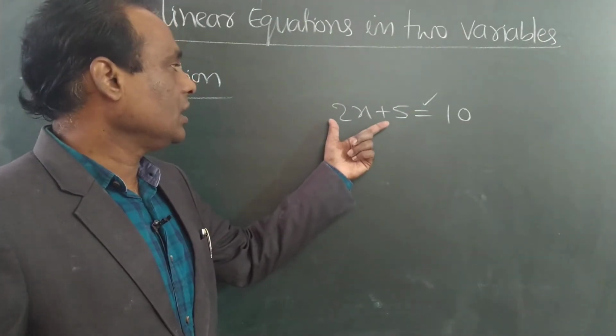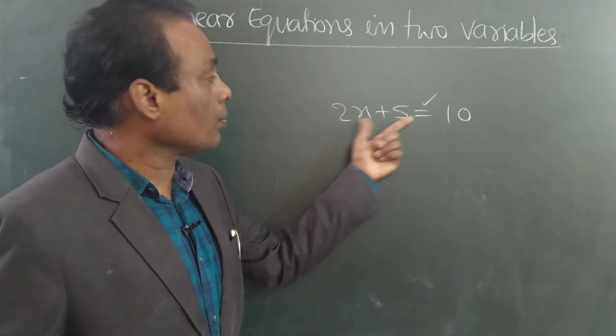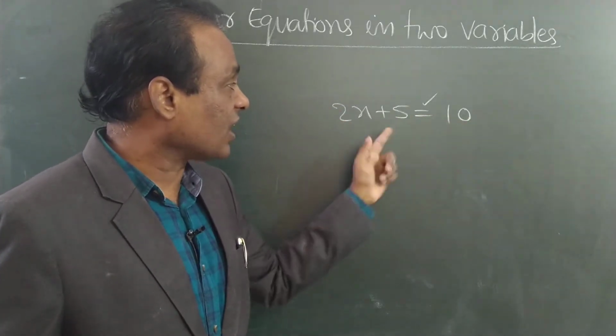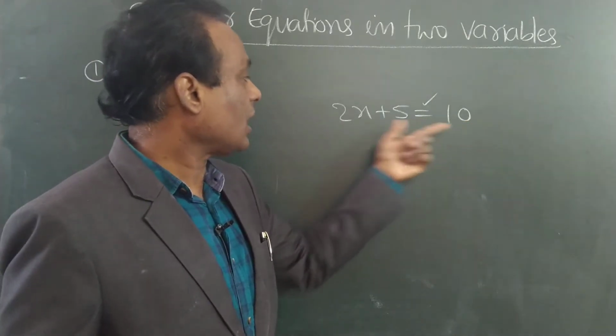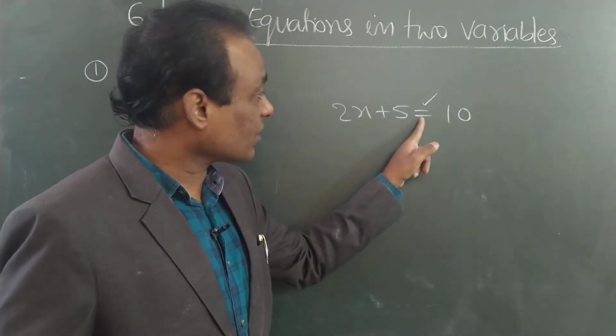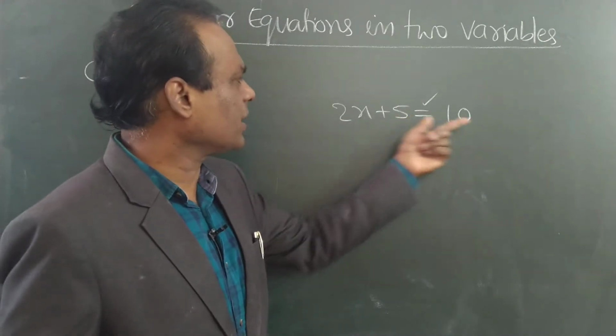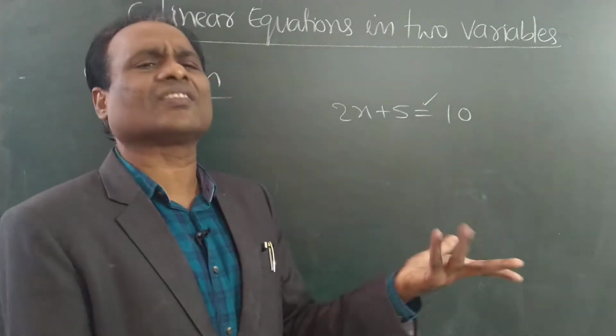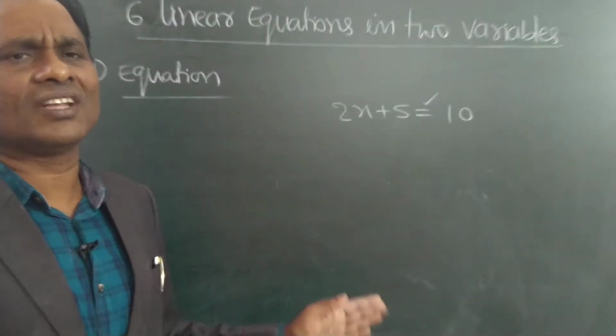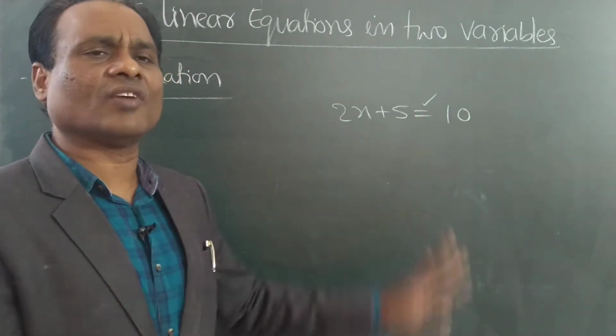If a statement in which two mathematical expressions, or two algebraic expressions, are connected by an equal symbol, whenever there is an equal symbol, it is an equation, that's all. Equal symbol is the equation.